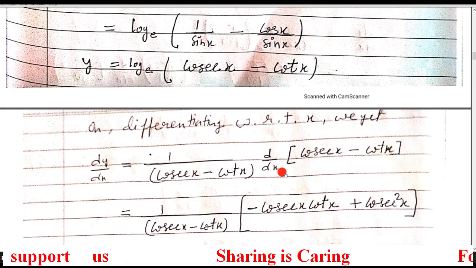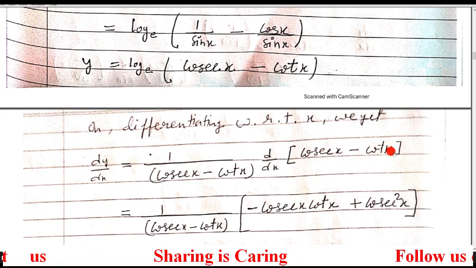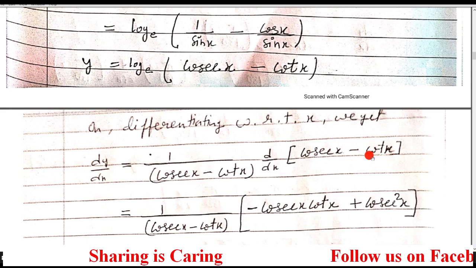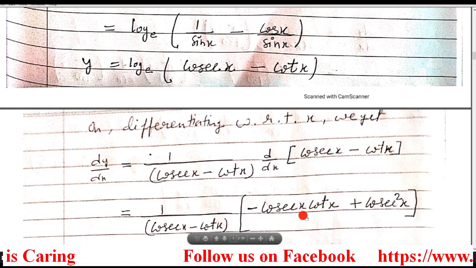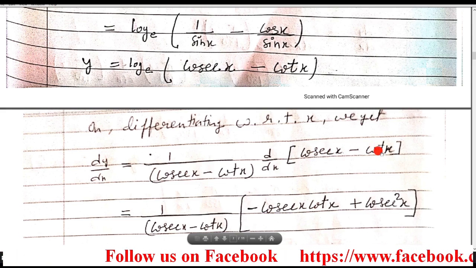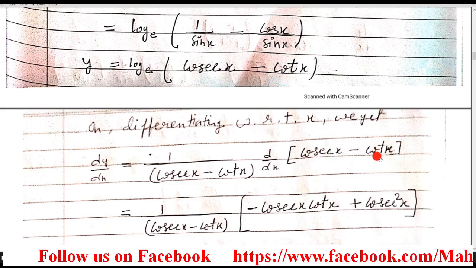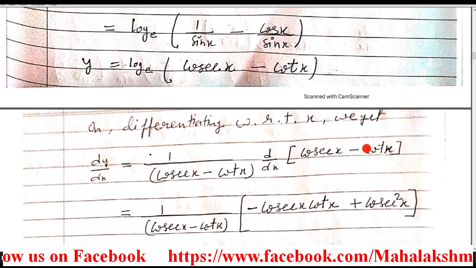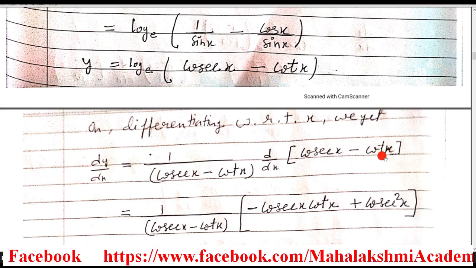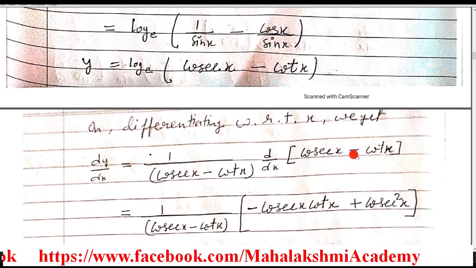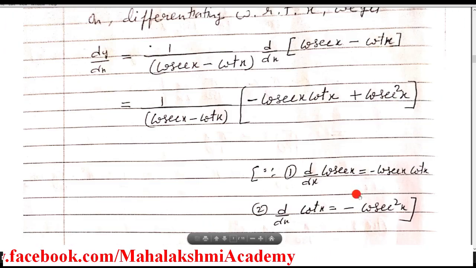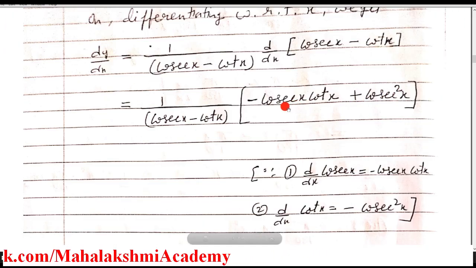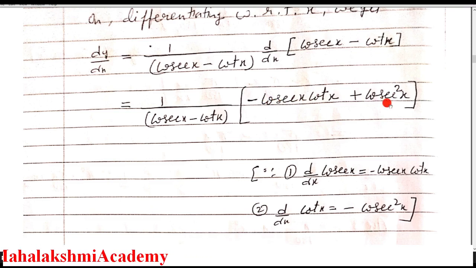That's why the derivative of cosec x minus cot x came here. Now we'll differentiate it. Cosec x differentiation is minus cosec x cot x, and cot x differentiation is minus cosec square x. Since the cot x differentiation is minus cosec square x, this minus and that minus will multiply each other, so we get minus minus plus. Now when we observe, we find that cosec x is common in both, so we'll take cosec x outside.